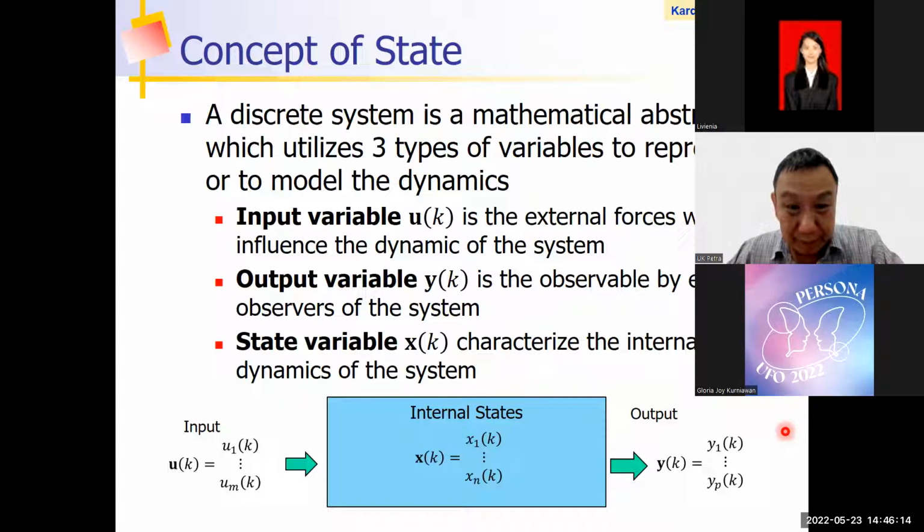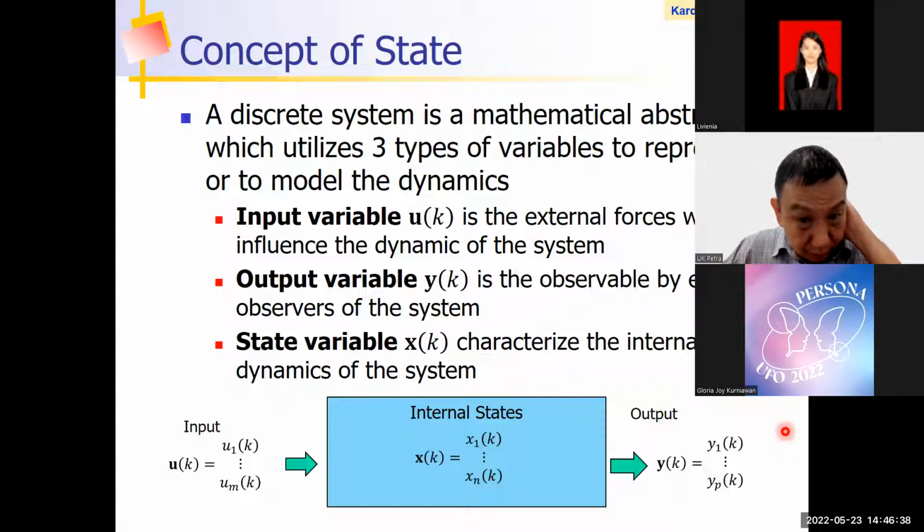Livy, what do you understand? It is like a general system where you have the input, and then the internal states, which is like the process.